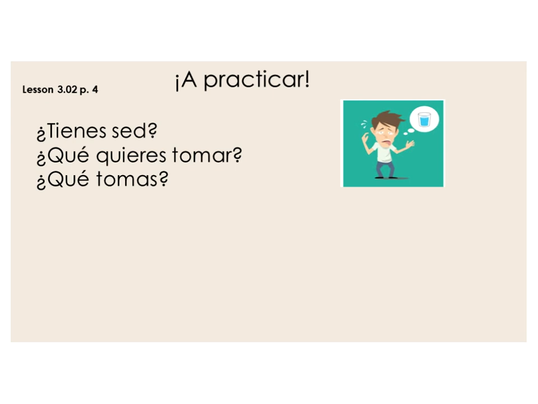So as you can see, all of these questions have something to do with having something to drink. And the verbs may be different, but they all are conjugated in the tú form. So if you hear me say tienes or quieres or tomas, you know I'm asking you a question and you respond in the yo form.